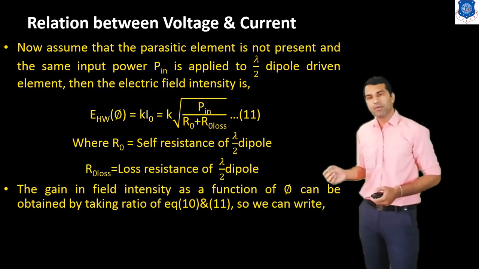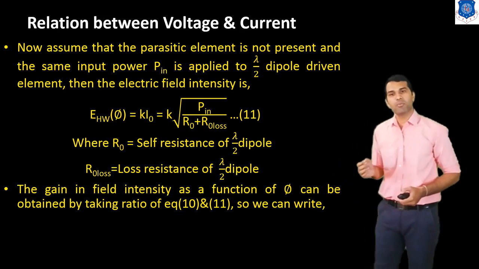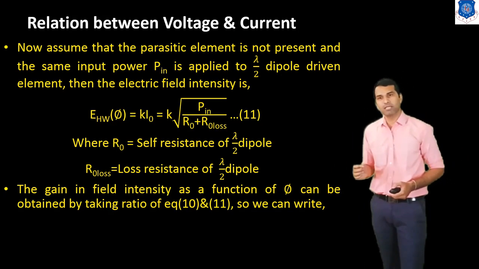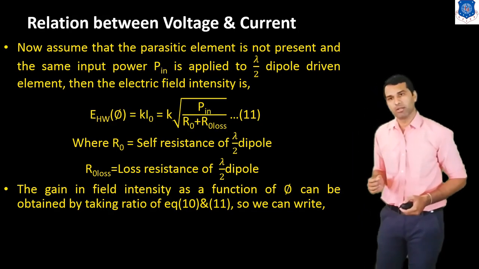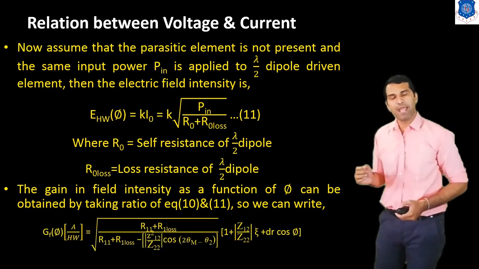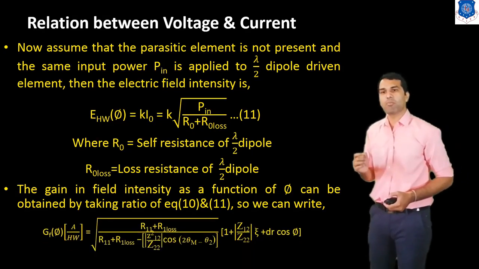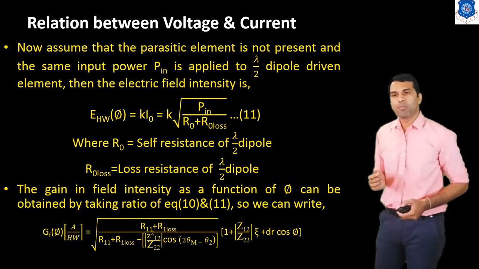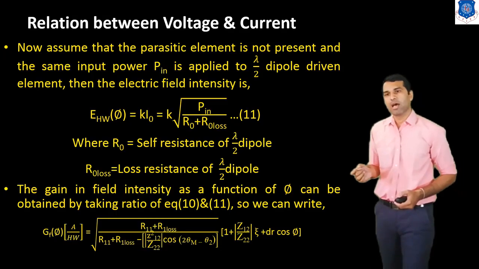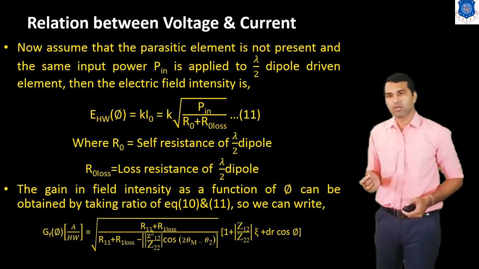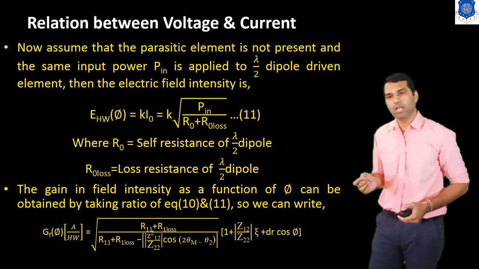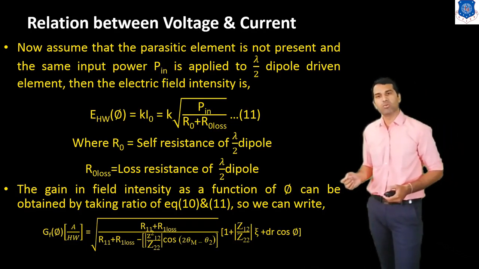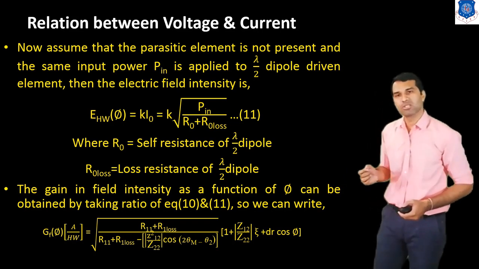The gain in the field intensity as a function of phi can be obtained by taking the ratio of equation number 10 and equation number 11. So we can write the gain is equal to under root of R11 plus R1 loss upon R11 plus R1 loss minus Z12 square upon Z22 cos 2 theta m minus theta 2, into 1 plus Z12 upon Z22 angle eta plus dr cos phi.